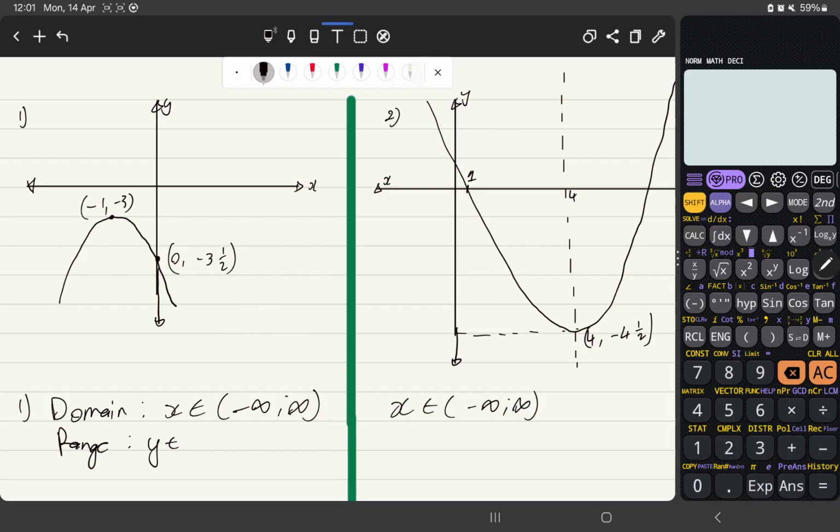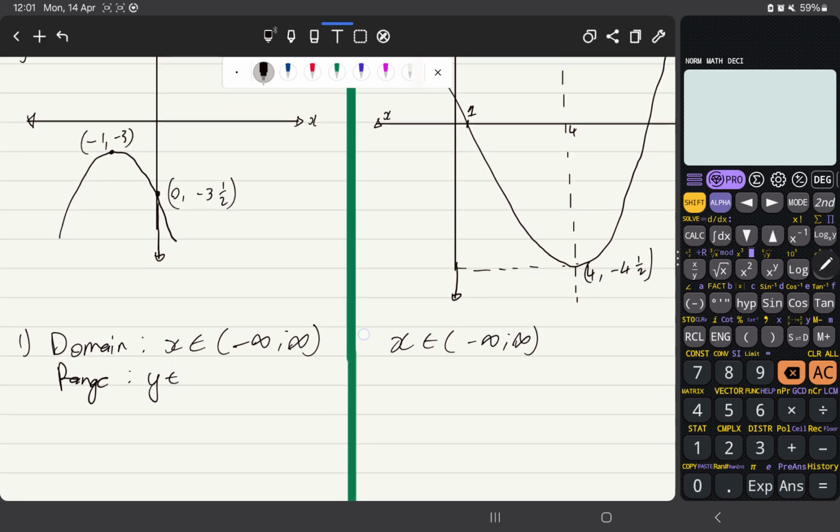Now back to the first equation, the first graph. There I have -3 as my q. Remember when I said there are two points I highlighted about q: one of them was q being the y value of the turning point, and one was q being the y-intercept.